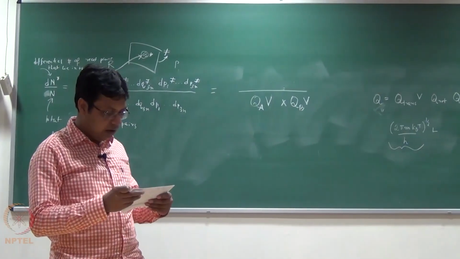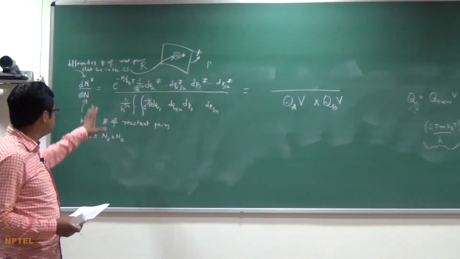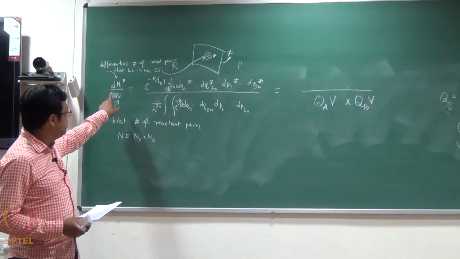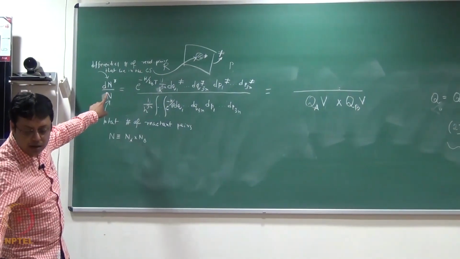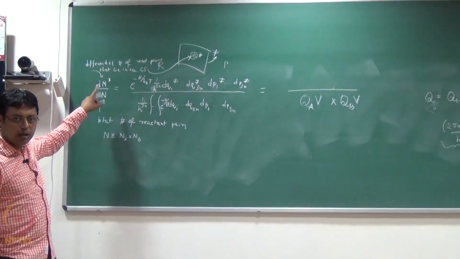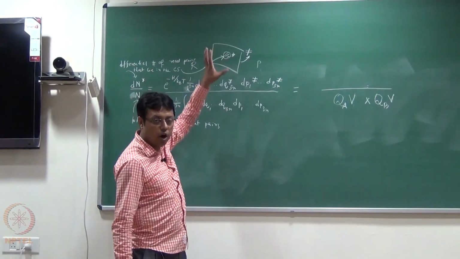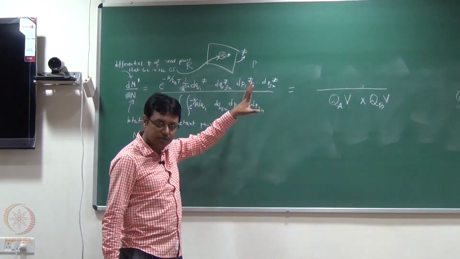Now the question is, okay, fine. What I calculated is the fraction of molecules that are lying in the small region of the critical surface.